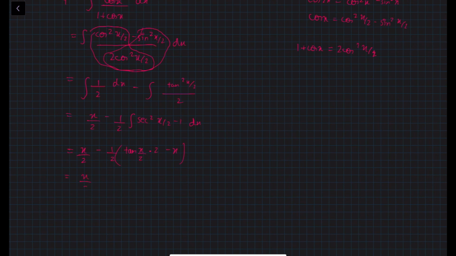So x over 2, just opening this up, this 2 and that 2 cancel out, but we still have a 1 by 2 with this term, remember. So that's going to be minus tan x over 2, and a minus half times a minus x, so that's plus x over 2 plus c. And we're going to combine the like terms, so this and this get added up to make x minus tan x over 2 plus c. And that is the answer.